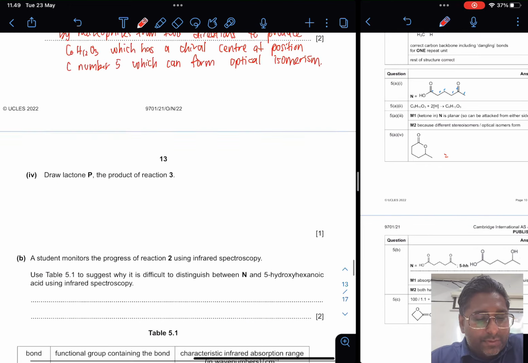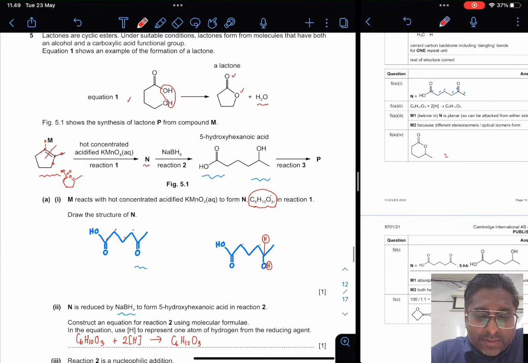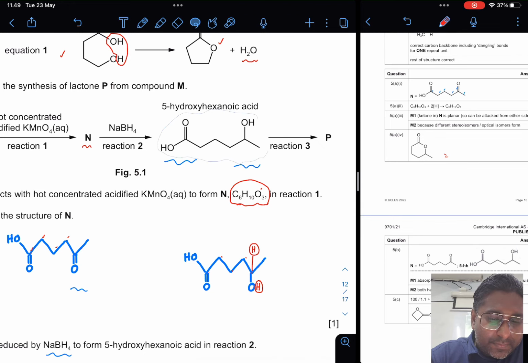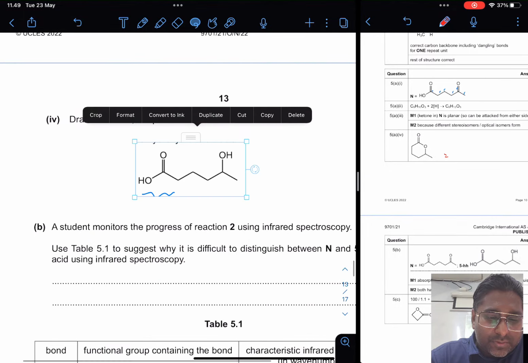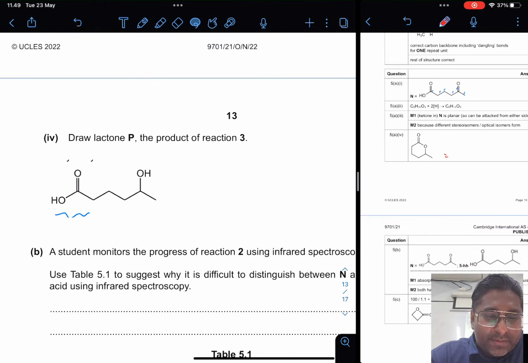Now next, draw lactone P, the product of reaction 3. So we have this molecule, so I can copy this molecule, and then we are going to try to form the lactone. So what happens, we are going to have the OH from the carboxylic acid, the H from the carboxylic acid will give you water.